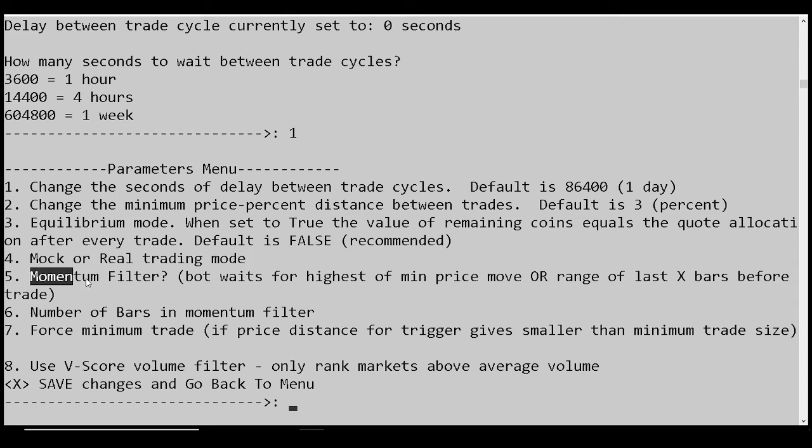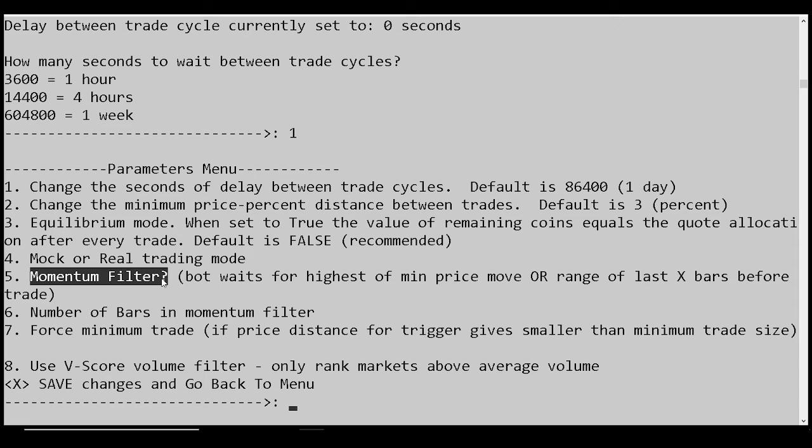And then we've got a momentum filter, right? So in times of high momentum, the candle sizes are going to be a lot bigger, and in times of low momentum, the candle sizes on a particular time frame, a candle meaning the open price, the high price, the low price, and the closing price within a time period, right? There's 5-minute candles, there's 1-hour candles, 4-hour, days, weeks.